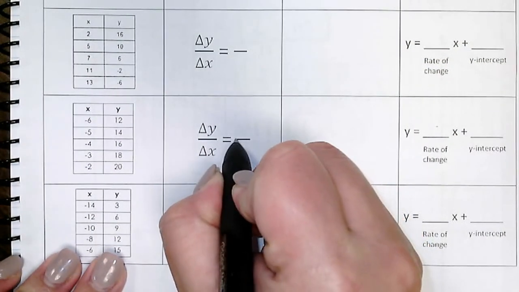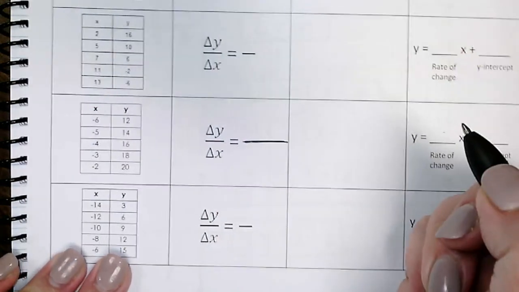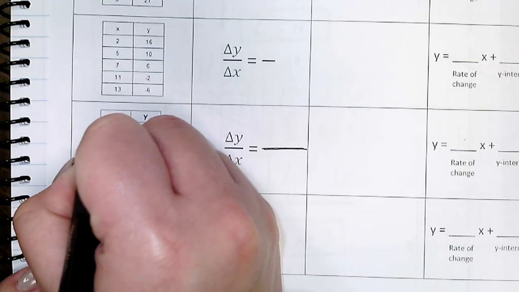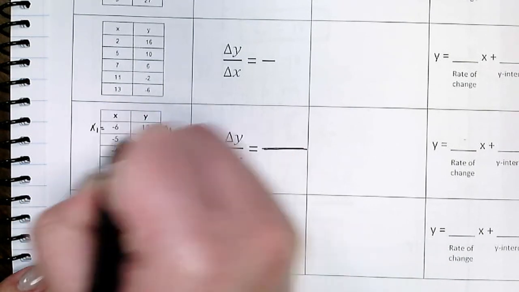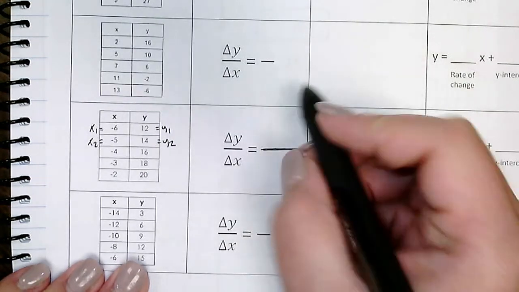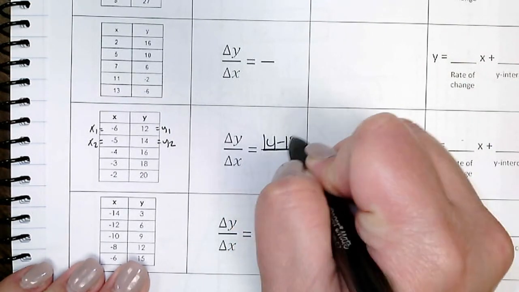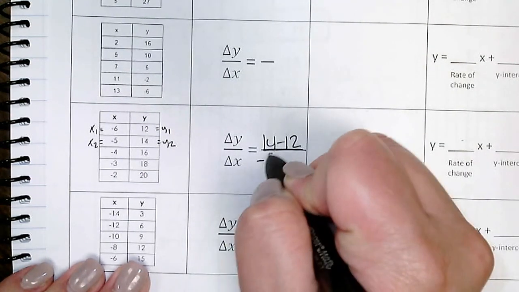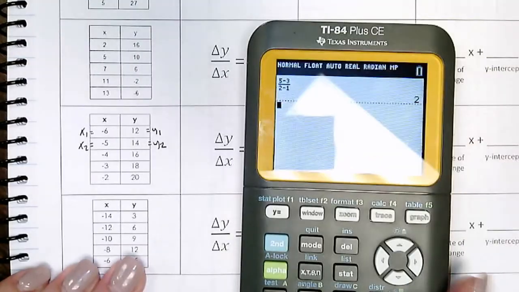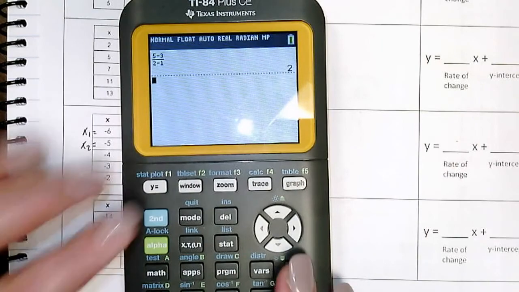Okay, so the first thing we have to do is find the slope. So I'm going to have this be my x1 and y1, x2, y2. So I'm going to have 14 minus 12 and then negative 5 minus negative 6. Put that in the calculator.